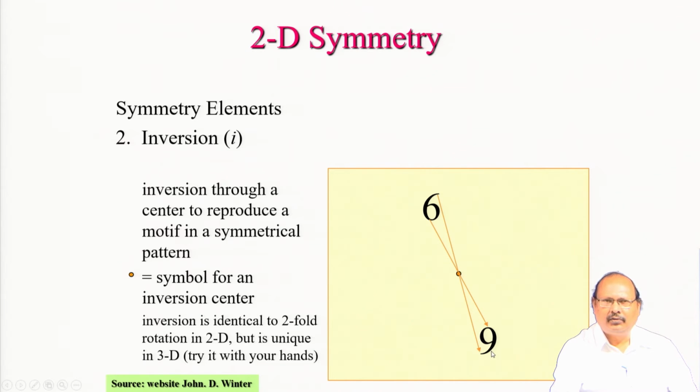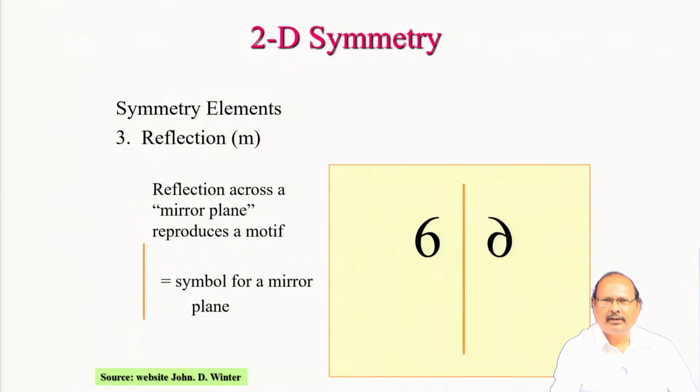This is called the inversion operation. One important thing to note is that the inversion produces a 3-dimensional symmetry. I will come to this part slightly later in more detail.